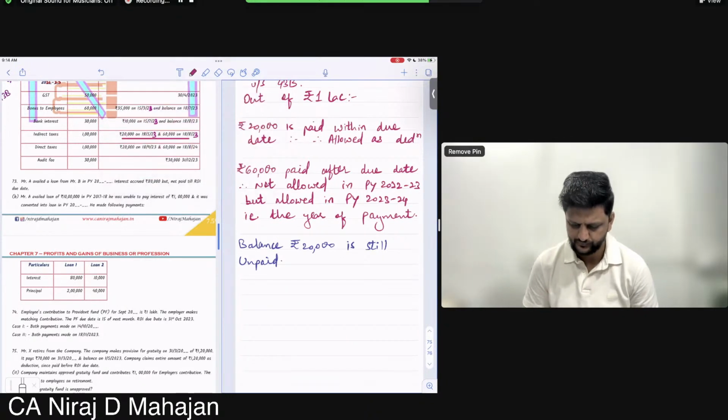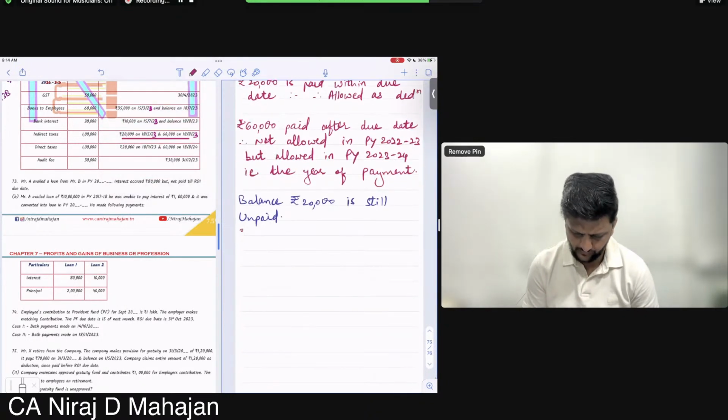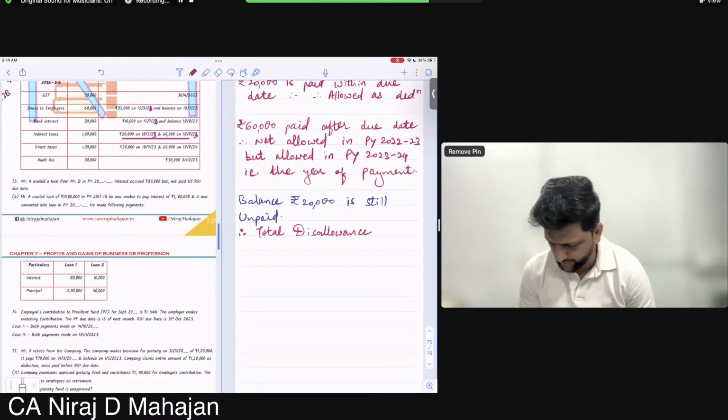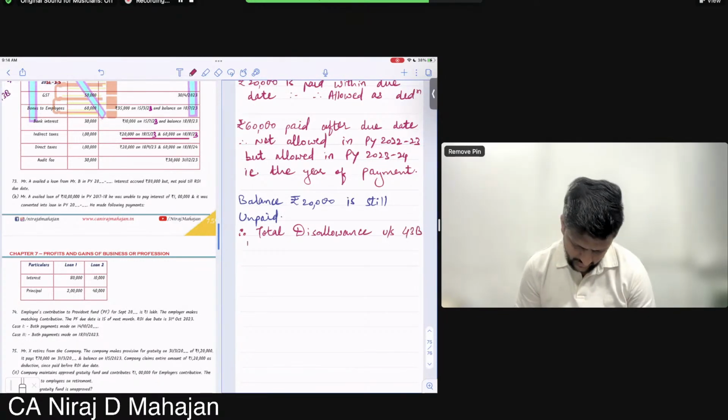Therefore, total disallowance under section 43B for PY 22-23 is rupees... You will tell me.